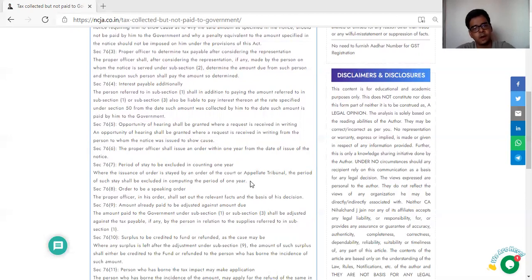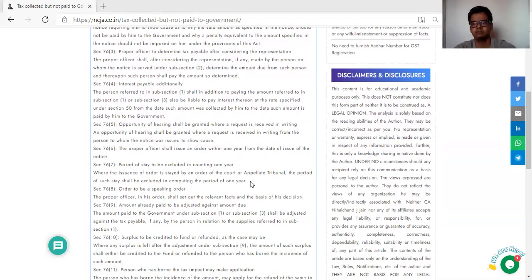76(6) tells me that the officer cannot take an unlimited time to issue the final order. The final order has to be issued within 1 year from the date of issue of the notice. Now, say for example, the courts, or say for example, there is an act of God that has taken place and everything was closed.